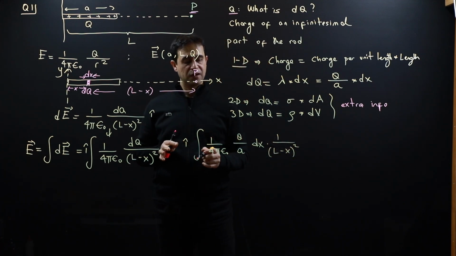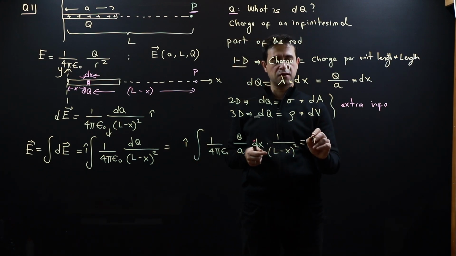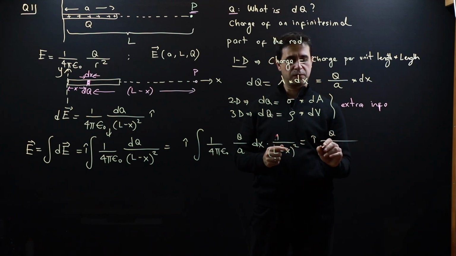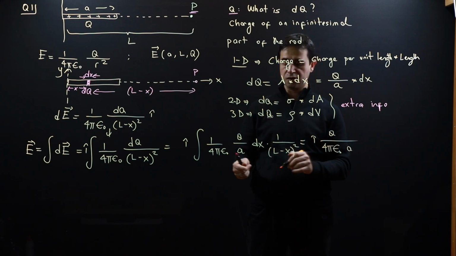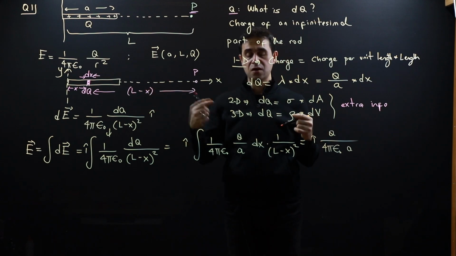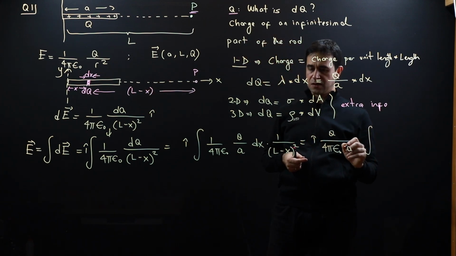Okay, now let me even take the constants out of the integral, right? Q is constant, I'm going to take that out. 4 pi epsilon 0, I'm going to take that out as well. And a is constant, right? These are all constant. A, remember, is the length of this rod, which doesn't change, right? It's constant.